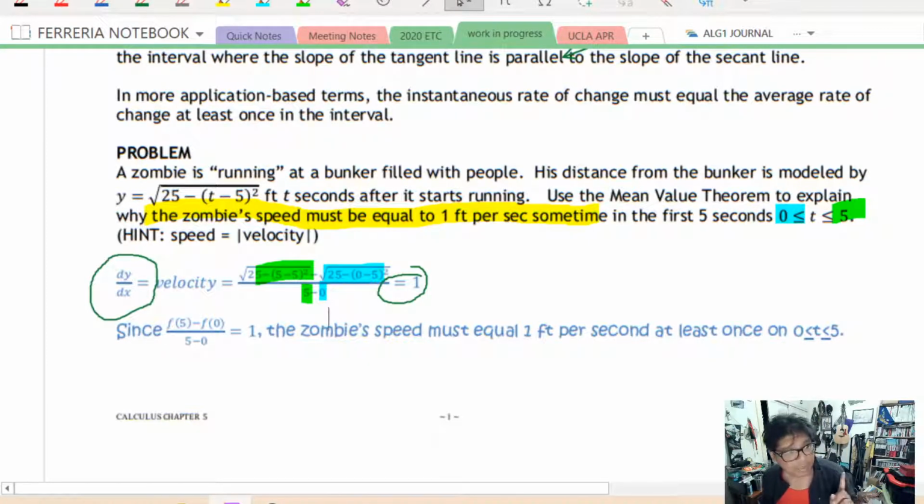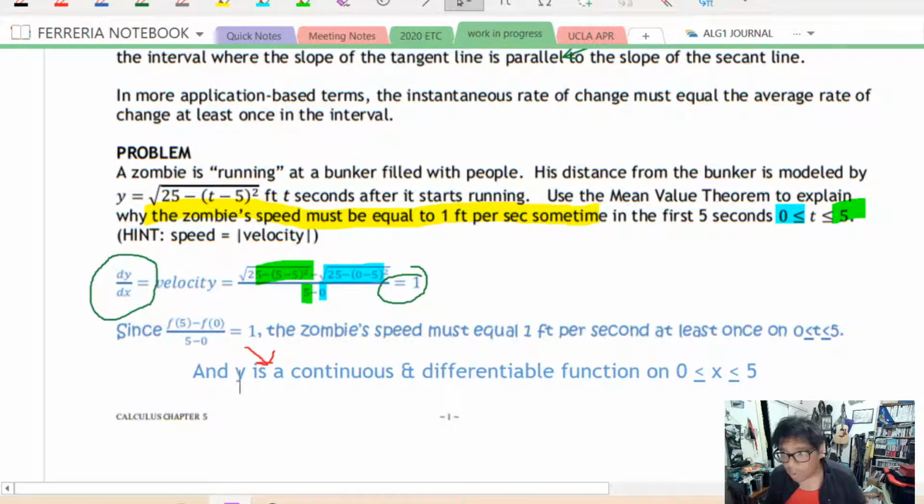Since f of b minus f of a over b minus a equals 1, and y is a continuous differentiable function from 0 to 5, the zombie speed has to equal 1 someplace between 0 and 5. So this is kind of the way that the mean value theorem works. Okay.